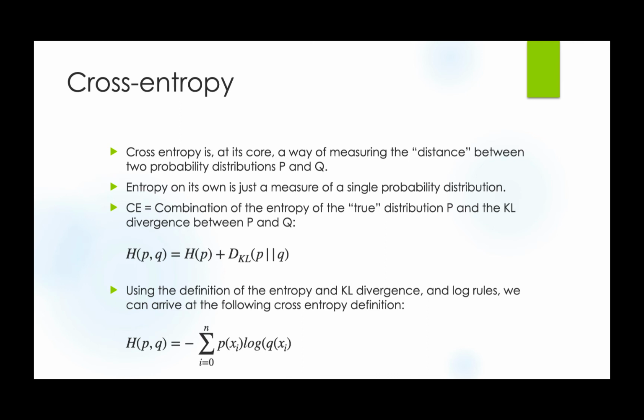Cross-entropy, or CE, is a combination of the entropy of the true distribution P and the KL divergence between P and Q. So using the definition of the entropy and the KL divergence, we can fill in the formula above and arrive at the below formula for cross-entropy.